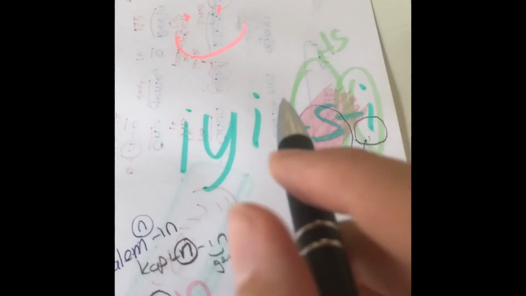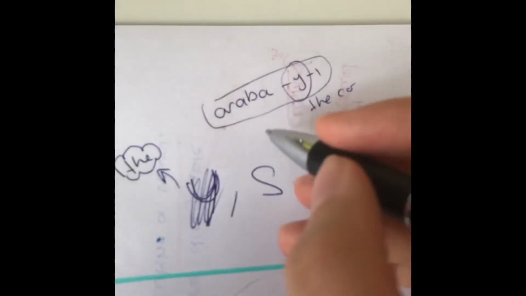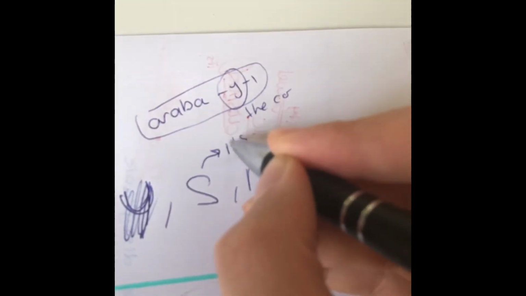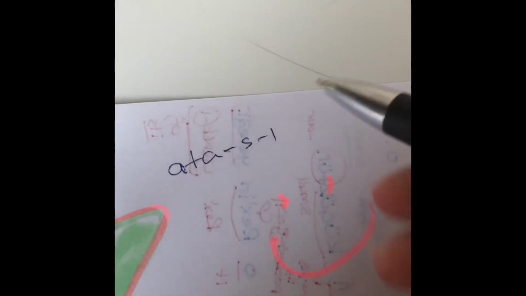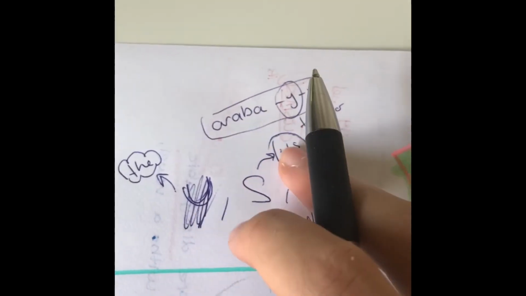We use S if we're talking about its like possessive suffix, like ata, ancestor, atası, someone's ata. We use S in this case. So S is used at its, and let's say the good of her.